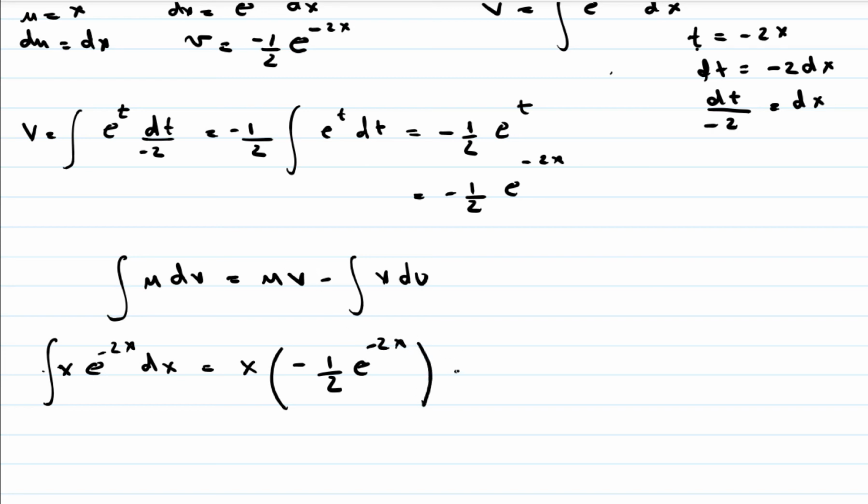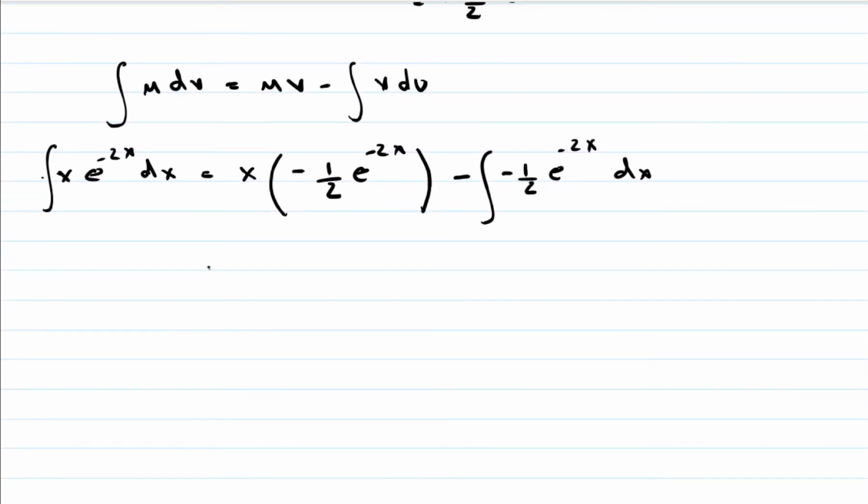And then we're going to put here minus the integration of v. Now the integration of v, we know that v is this expression here. We already found it, okay? This one. So we're going to have minus the integration of minus 1 divided by 2 e raised to minus 2x, and then we're going to have here du, and du is the same thing as saying dx.